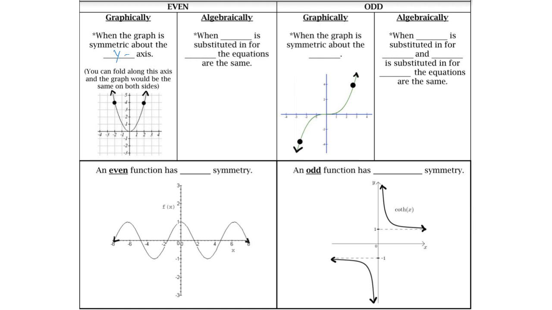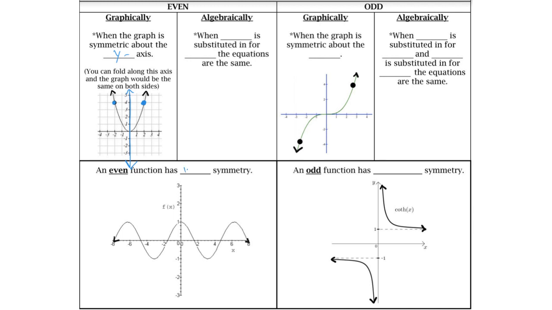Here's our y-axis. Each point is symmetric, and it's the opposite of our x's. So think of x squared. We know that's an even power, an even function, and we can tell just by looking at the graph because the points are symmetric about the y-axis.